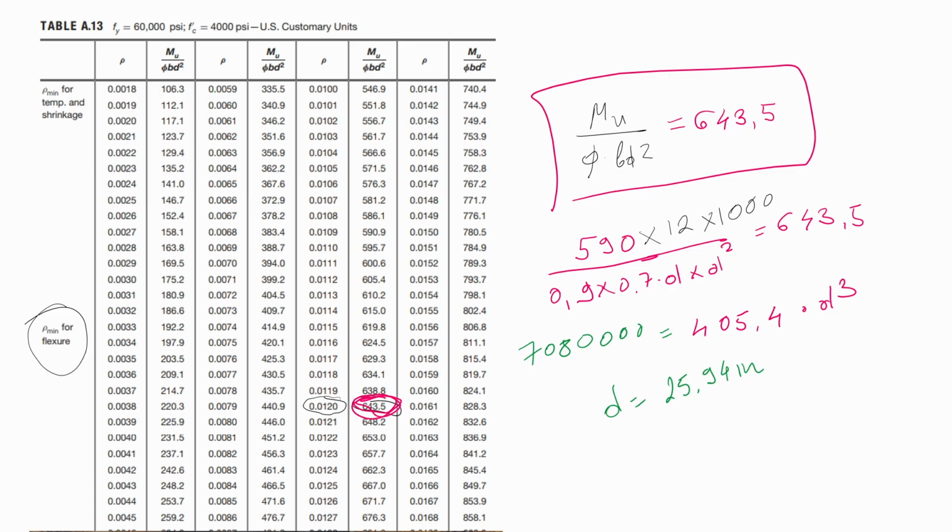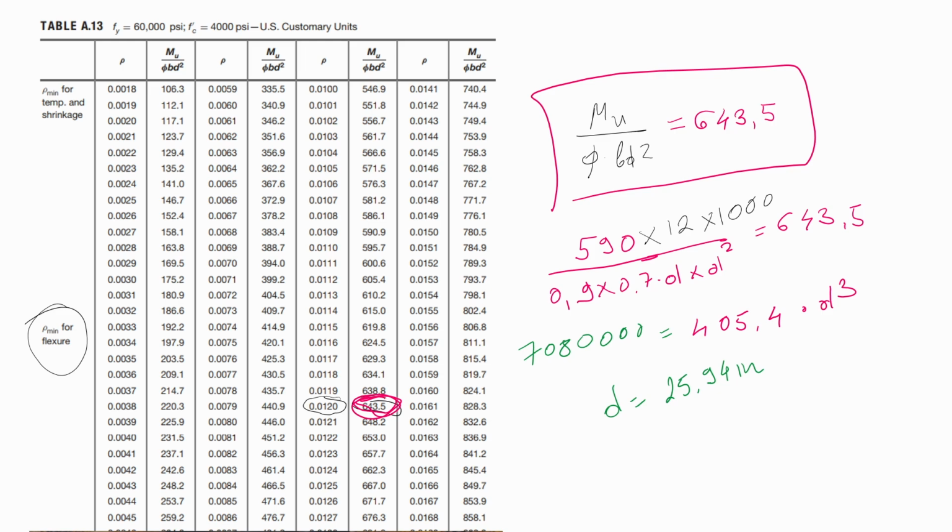So in your problems, when reinforcement ratio is given, you can just read how much is Mu over phi b d square. In our case with reinforcement ratio of 0.0120, you have Mu over phi b d square equal to 643.5.